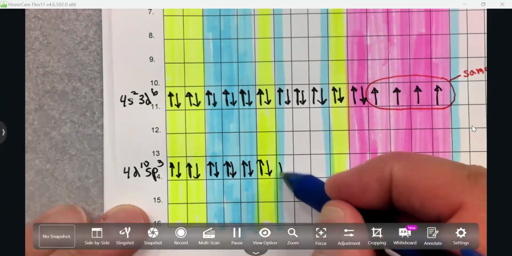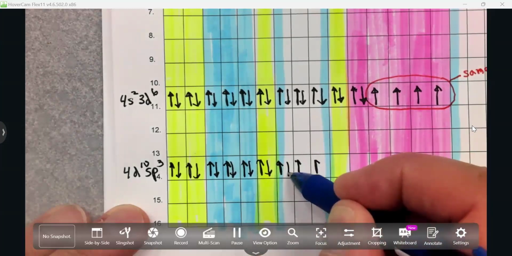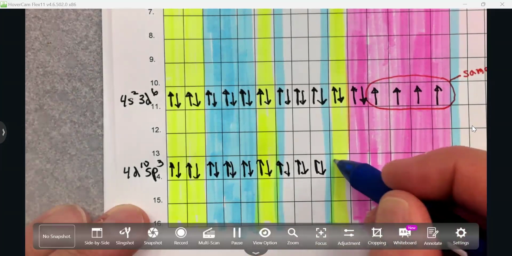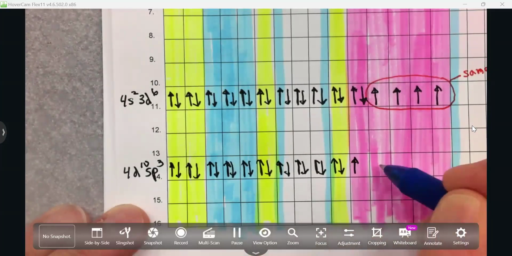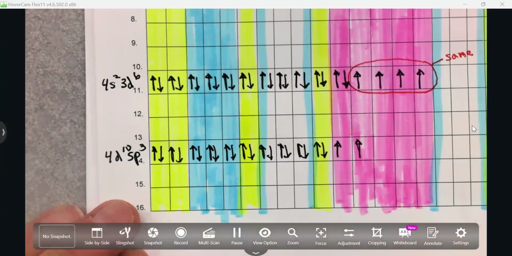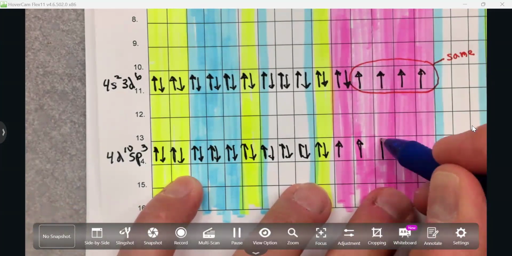You can rock and roll through these. We're going to go to 4d10, 5p3.